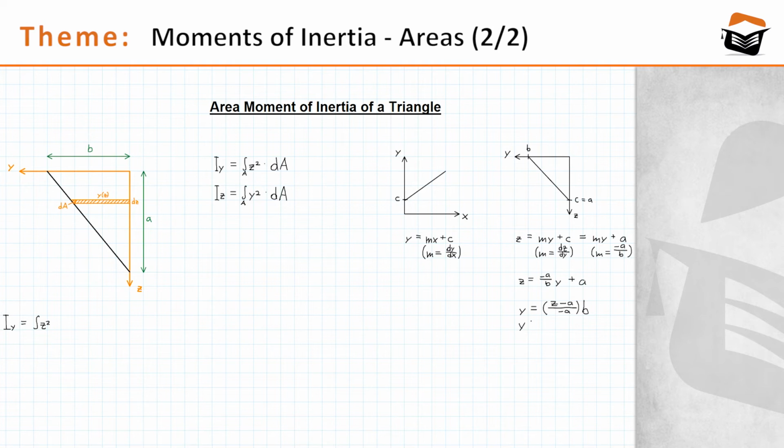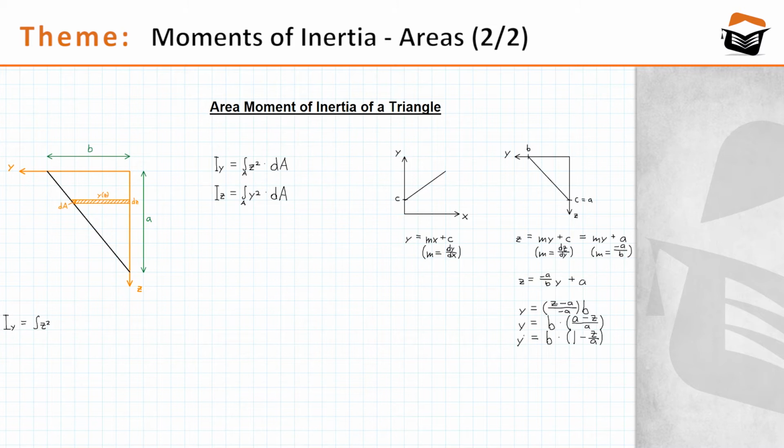If we simplify it further, we will obtain b times a minus z, divided by a. This expression can be simplified even further by writing y is equal to b times 1 minus z divided by a.